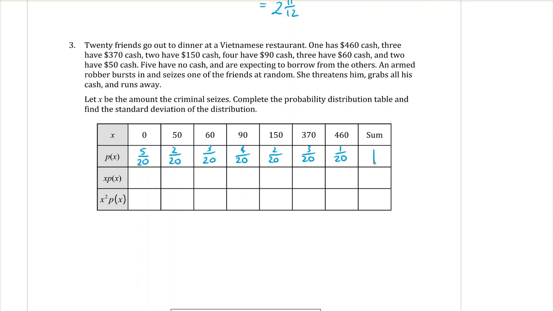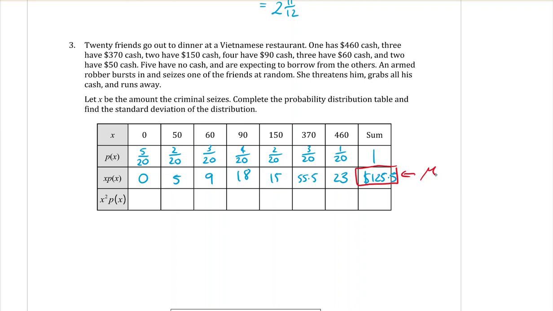So very quickly, because we've done this before, that's 0, 5, 9, 18, 15, 55.5, 23, and hopefully this number looks familiar, 125.5. Because that was what we worked out yesterday, the expected value, which is the mu.